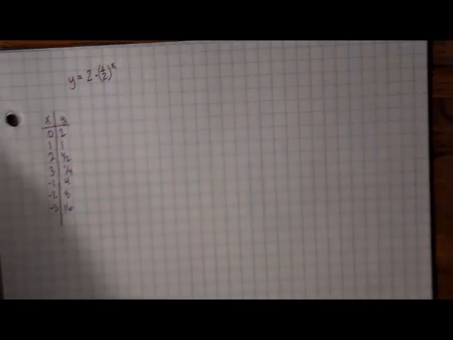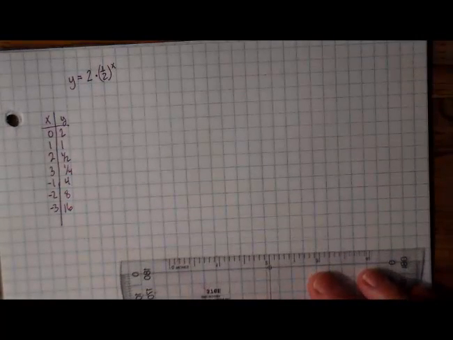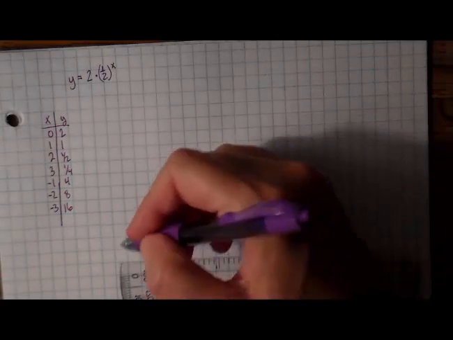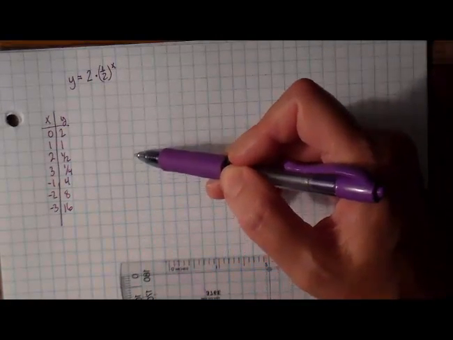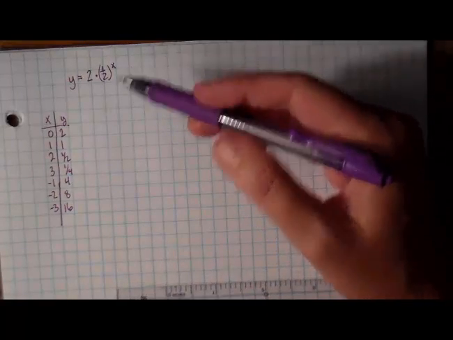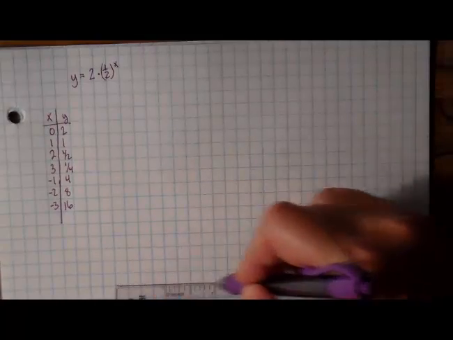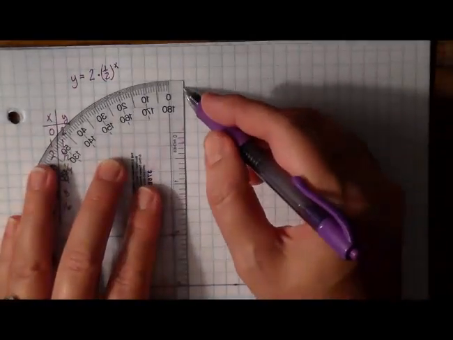So let's go ahead and make our coordinate plane. This time I'm going to come a little bit lower. Maybe a little bit lower. And again, I don't need to go that far over.